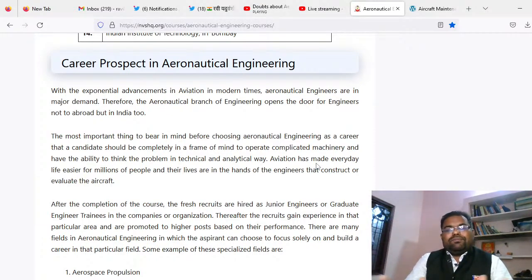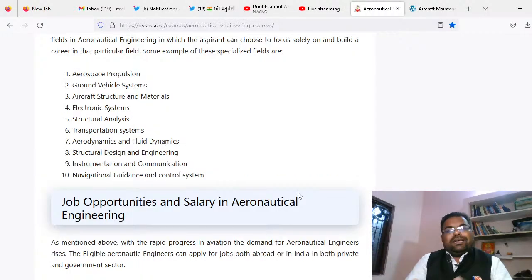We have more than 150 private MNC companies working on aerospace structures, right, and you can go for propulsion, you can go for avionics, you can even go for aerodynamics. So these are the 4 main disciplines.